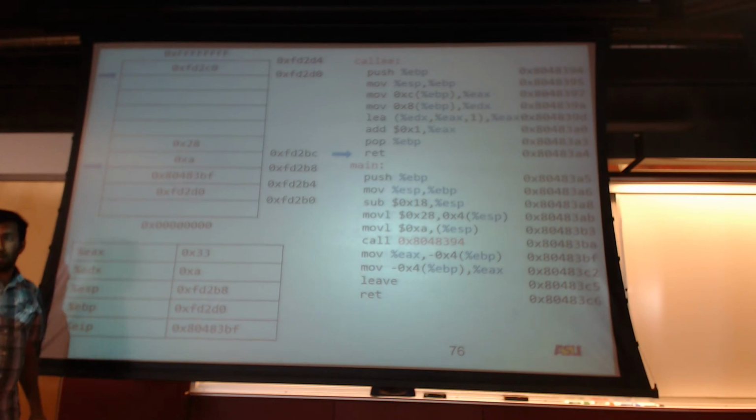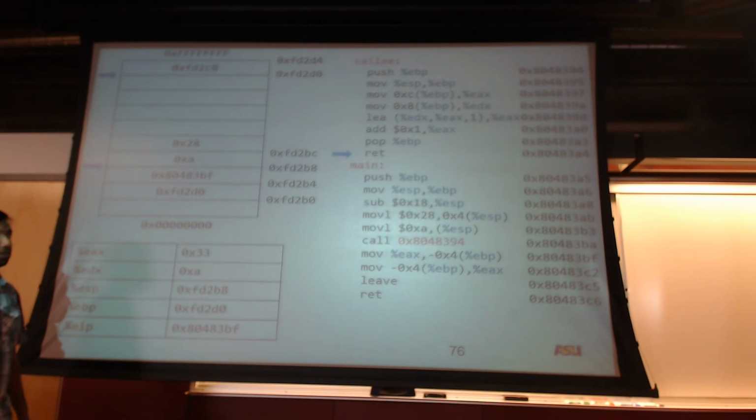So that address, you pop it into EIP. So pop EIP. That instruction is embedded in return. We don't explicitly state that. So what I am doing is taking that 80483BF and putting it into EIP. Then you see ESP is incremented, FD2B8. So ESP goes up. So return has one component which says you pop into EIP. That is hidden inside return, right?